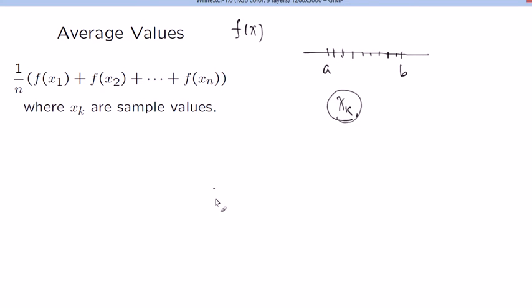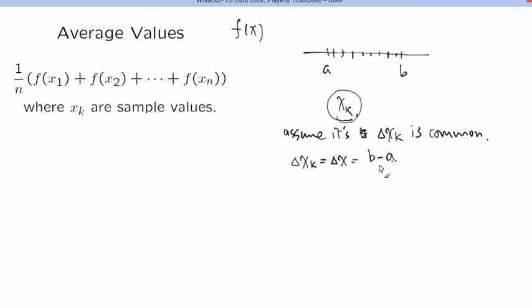Then assume it's regular: delta xk is common, not changing. It's a regular partition, so delta xk is really the same delta x. In the partition, before we entered the function, it was about partition, interval, and all that. So what was the formula for delta x if it is regularly divided into some arbitrary n pieces? B minus a. Great. B minus a divided by n.